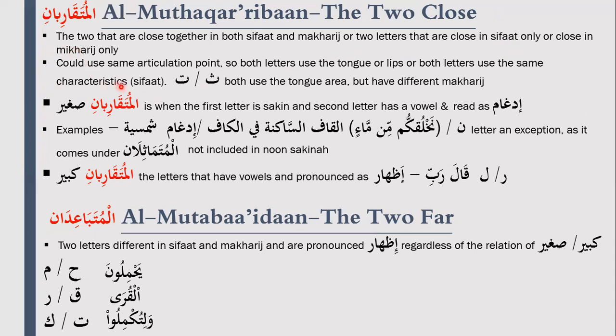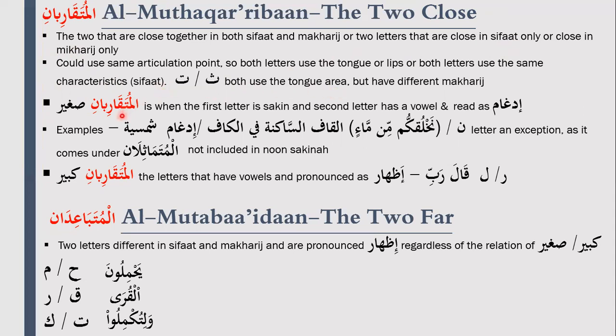Now, some letters may come from the tongue area or use the lips, and they may use the same characteristics. So here, tha and tha both use the tongue area, but they have a very different articulation point, though they do share some characteristics.